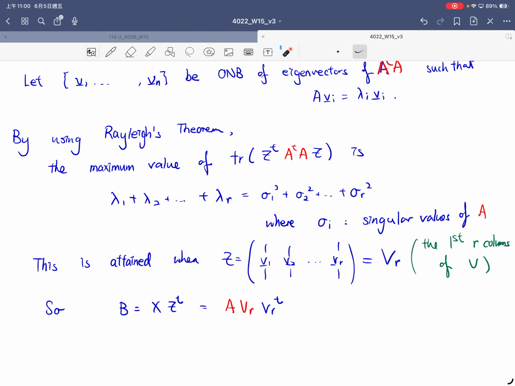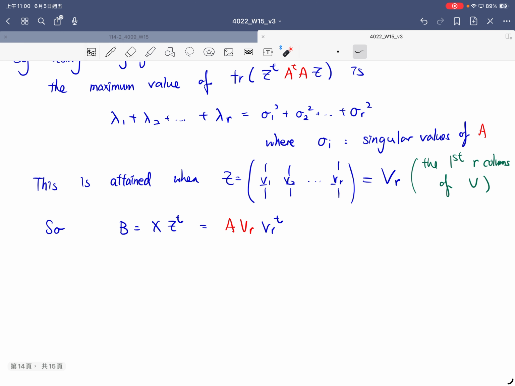And we can simplify it further. Why? Because I know the SVD of A is given by U times sigma times V, and then you have VR and the VR transpose. Sorry, there is a transpose here.